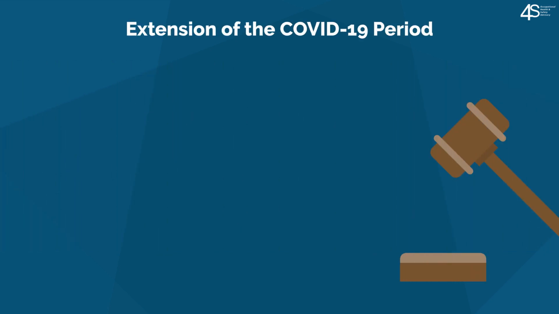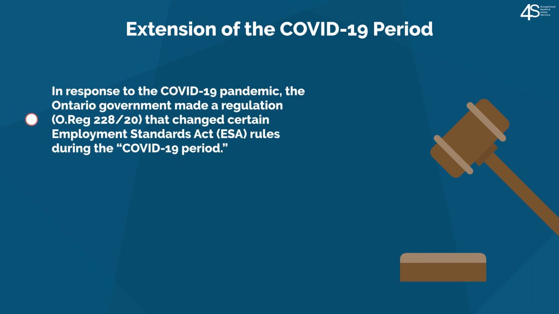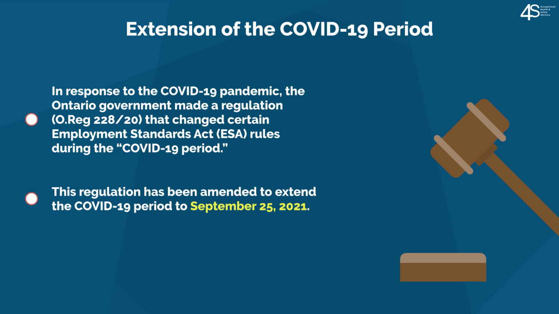Extension of the COVID-19 period. In response to the COVID-19 pandemic, the Ontario government made a regulation, Ontario Regulation 228/20, that changed certain ESA rules during the COVID-19 period. This regulation has been amended to extend the COVID-19 period to September 25, 2021.